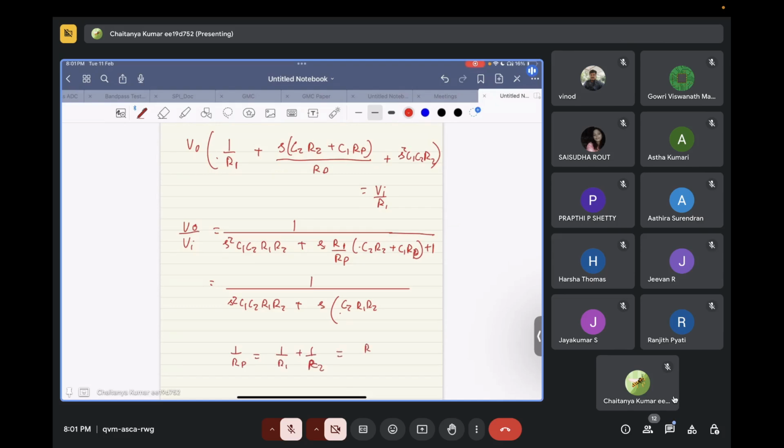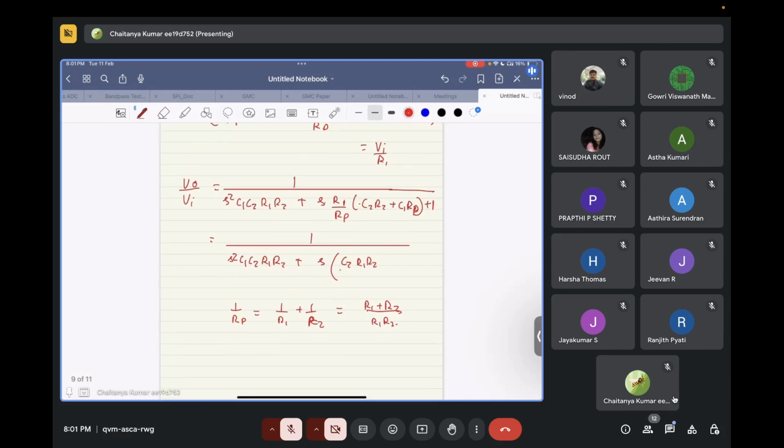So this is equal to (R1 plus R2) by R1R2. Okay, so if we simplify this, R1R2 by RP is R1 plus R2. So we have R1 plus R2 plus C1 times R1, plus 1.